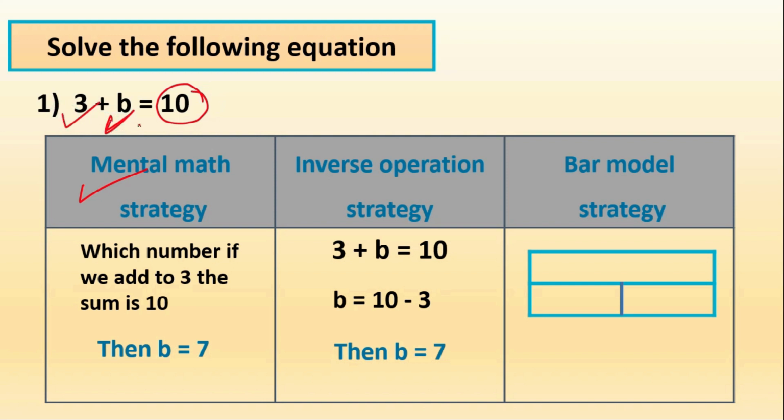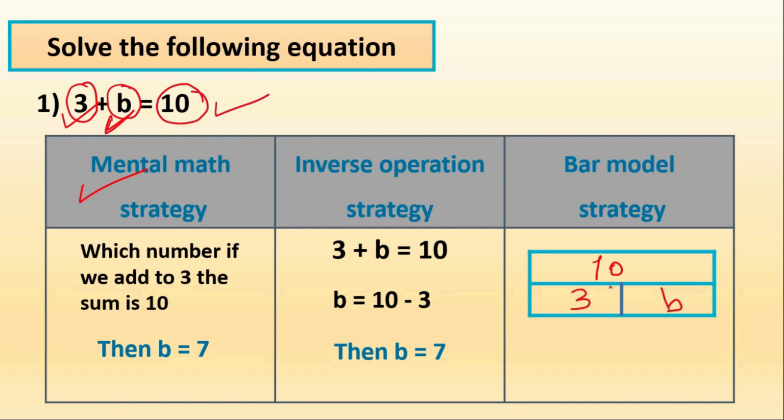Why? Because 10 is the sum of two numbers, so it must be greater than 3 and greater than b. So 10 is the greater number, so it must be written in the greater part. Then write the rest of the numbers, 3 and b, in the smaller parts.